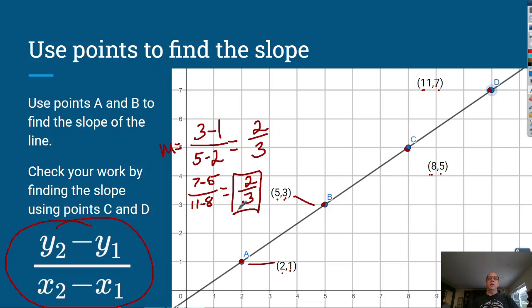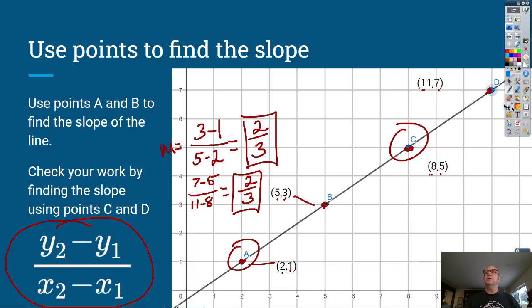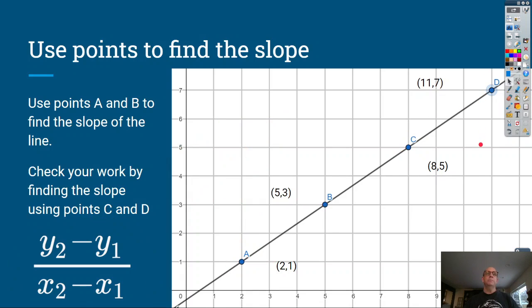So we have the same slope between two different points on the line. And I could take any of these points and subtract from any other. So I could do C minus A, and I should get the same slope. I may have to reduce because I'm skipping a point, but I will still get the same slope, no matter what two points I compare.